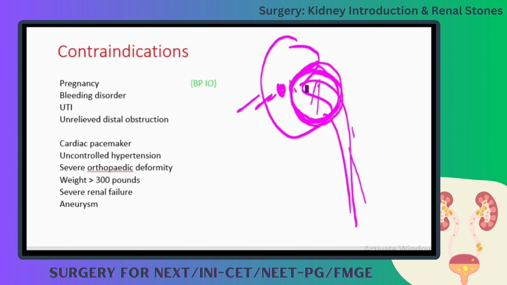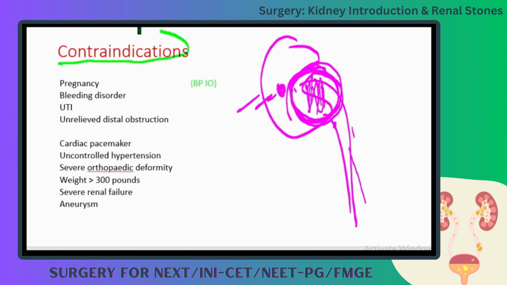If this is closed, if there is some obstruction here, then there is no point in doing ESWL. Why? Because if there is outlet obstruction, the stone fragments will stay there and will not go outside.